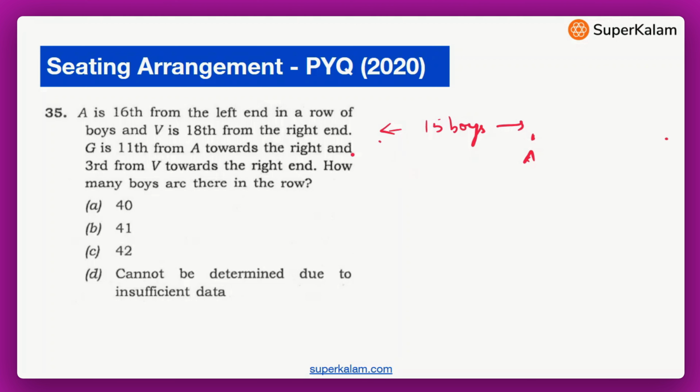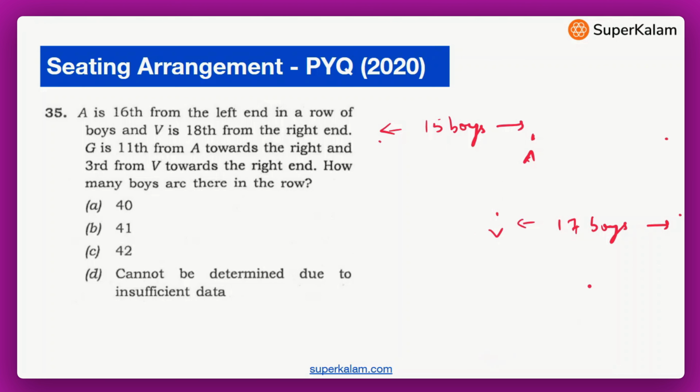The second statement is V is 18th from the right end. If we see the right end here, V is somewhere here, and similarly there are 17 boys here, because V is the 18th one. These two statements mean this, because A is 16th and V is 18th from these two ends.